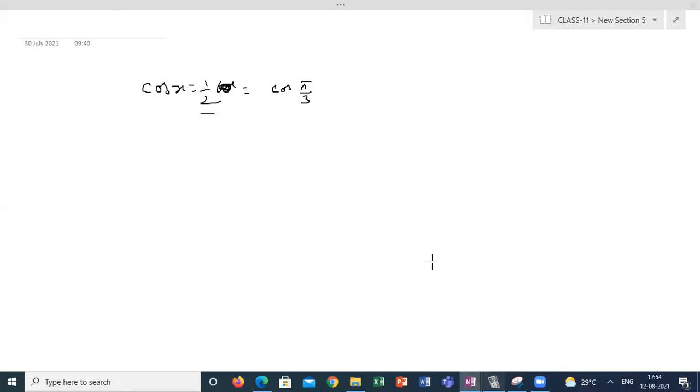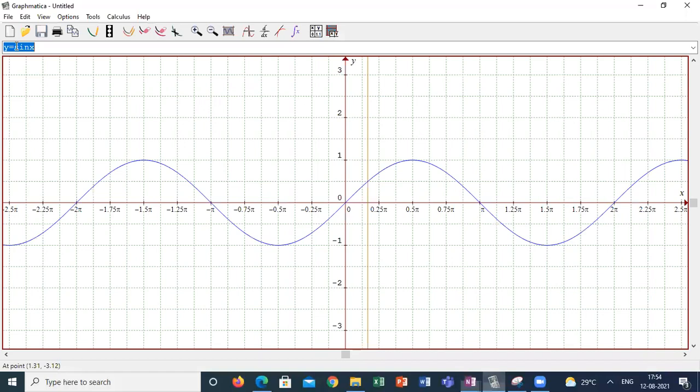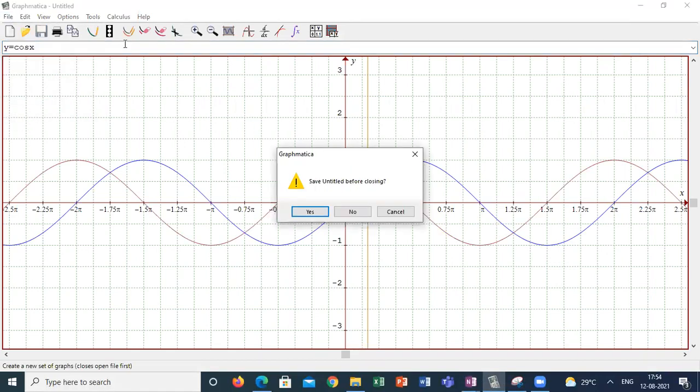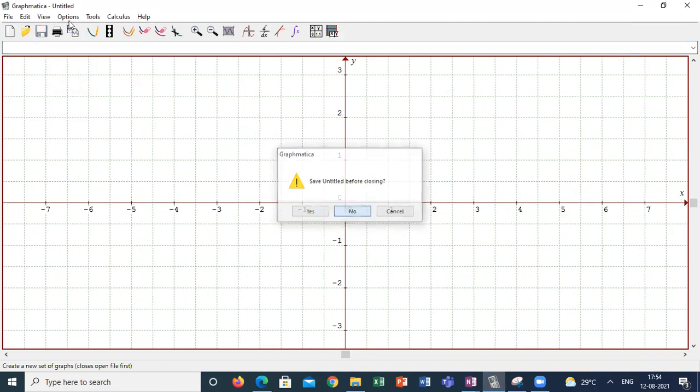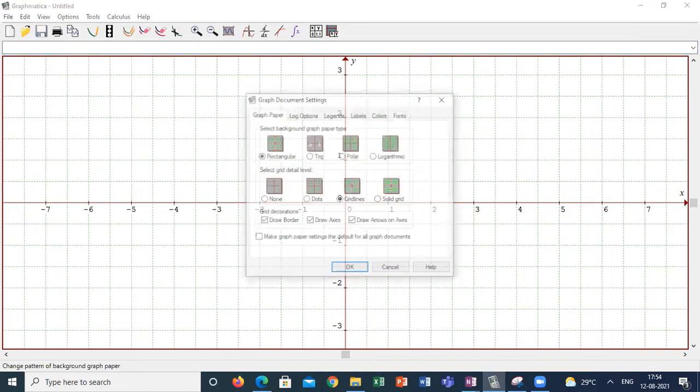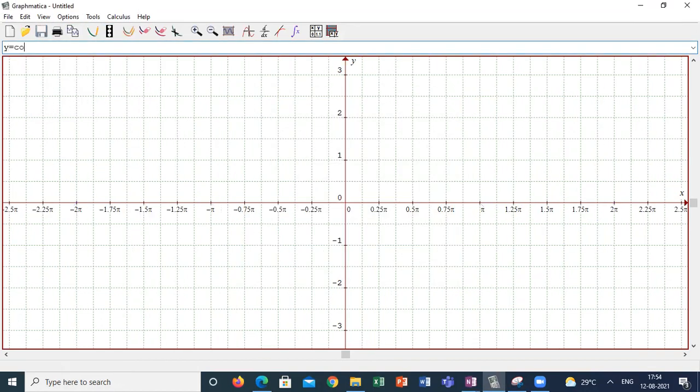So I am taking the graph for this. See here, I'm taking cos x, and I'm taking 60 degrees. 60 degrees means somewhere here.